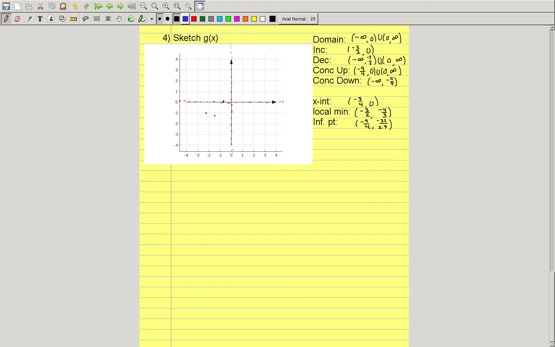Now, if we were to draw the sketch of our graph, we know that the function is concave down until our inflection point. It becomes concave up and then begins increasing, of course, at our local minimum. So it's going to have a shape that does something like this, then approach our asymptote. What we don't know is what happens on the right-hand side of our vertical asymptote, so we're going to need to add some extra values.